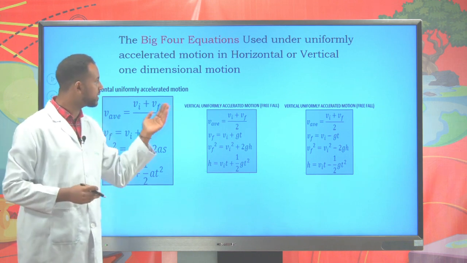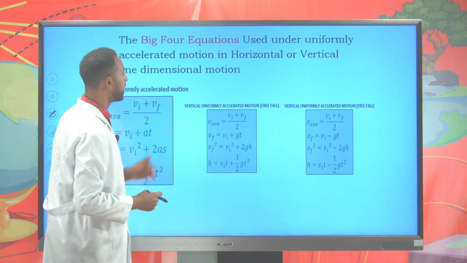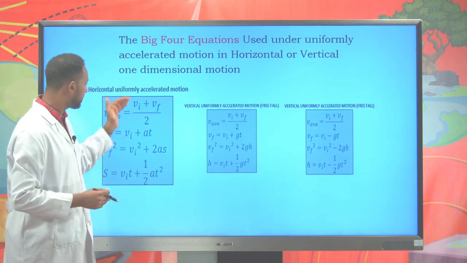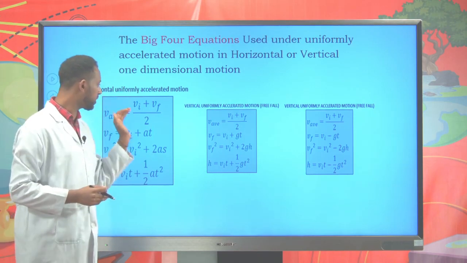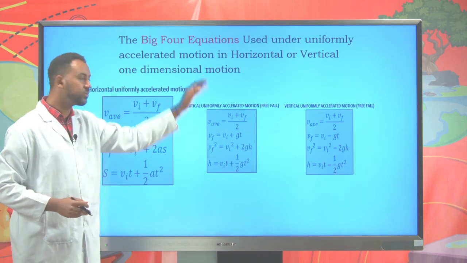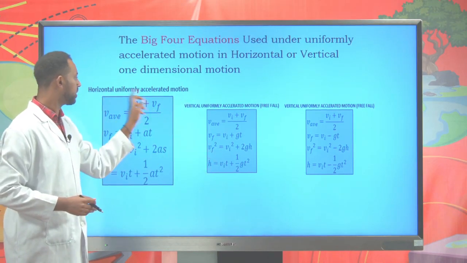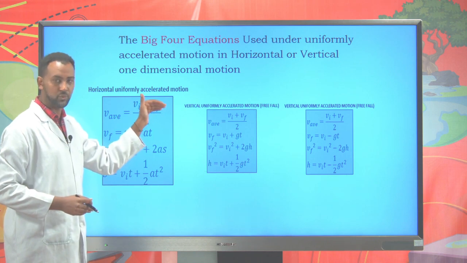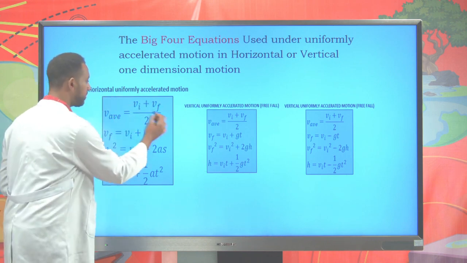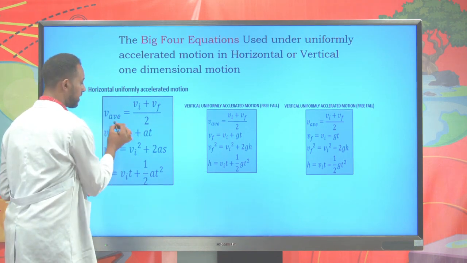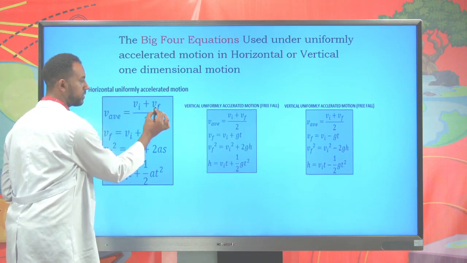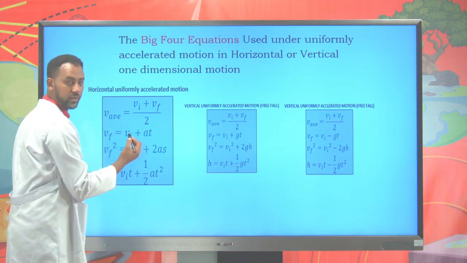equations, or mathematical formulas, used for uniformly accelerated motions are these. They apply to uniform horizontal motion, or it might be for a free fall vertical motion. For uniform horizontal motion, the big four equations are: the average velocity is equal to the initial velocity plus the final velocity over 2.